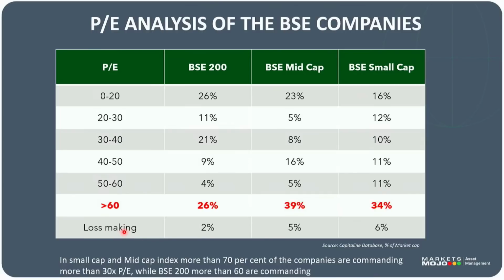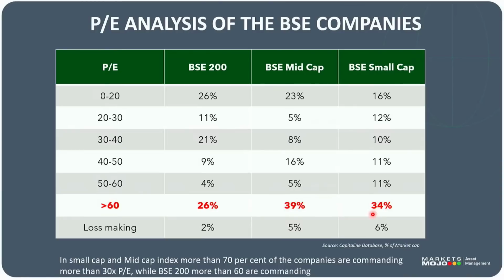And then there is something called loss making also. We look at BSE 200 constituents, BSE mid-cap constituents, and BSE small cap constituents. Why have we taken BSE mid-cap and small cap constituents? Because they consist of a larger basket of the number of companies.